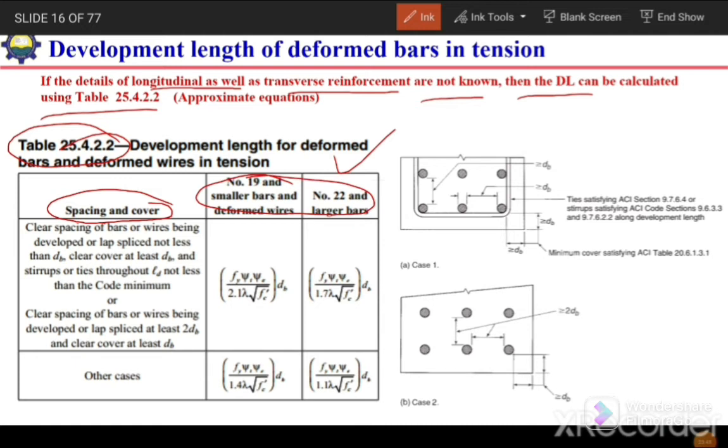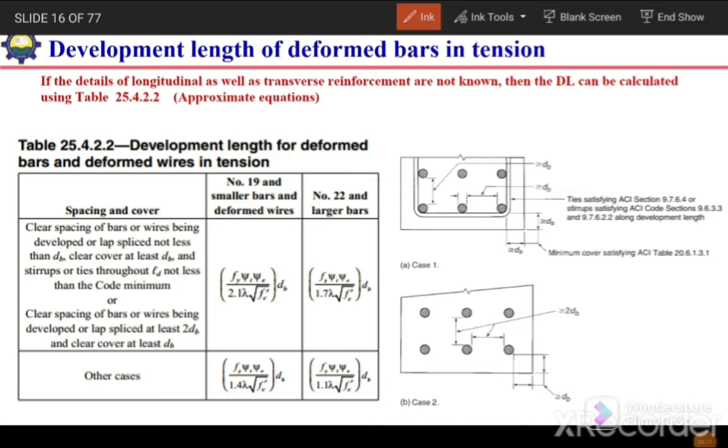So we need to check these two criteria, and based on that we can select the corresponding equation to calculate the development length. And these equations are approximate, or we can say these are very conservative equations. These equations will yield a significantly high value of development length as compared to the previous equation, which is a detailed one.